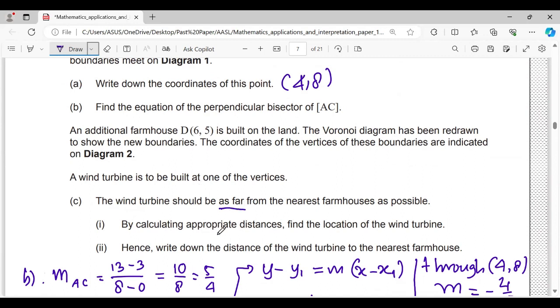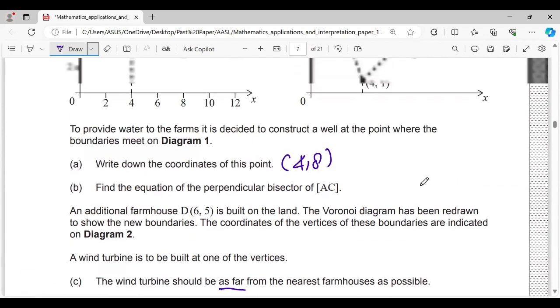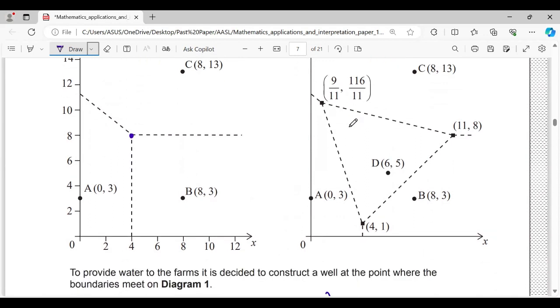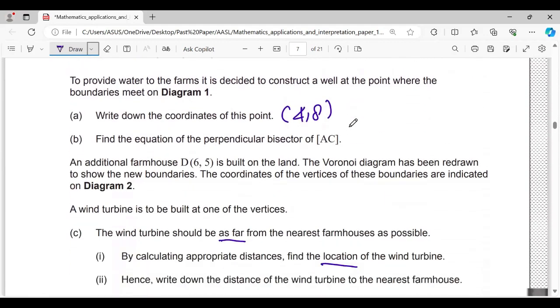By calculating appropriate distances, find the location of the wind turbine, as far from the nearest farmhouses. So we are going to check which coordinate point is the wind turbine.